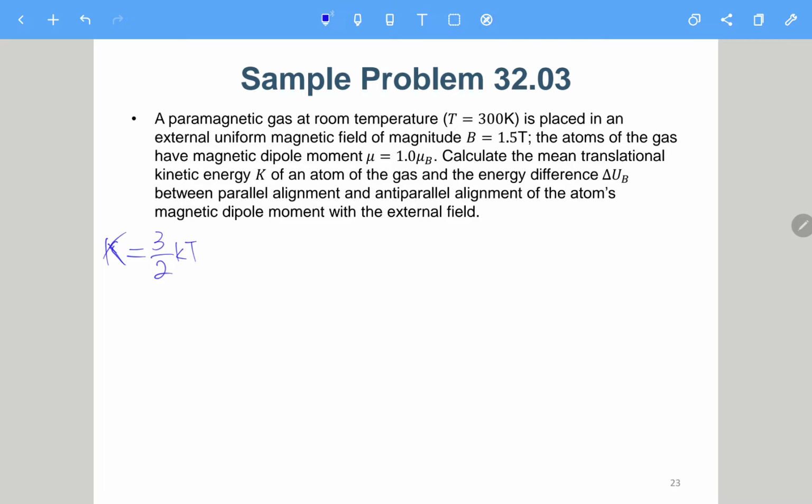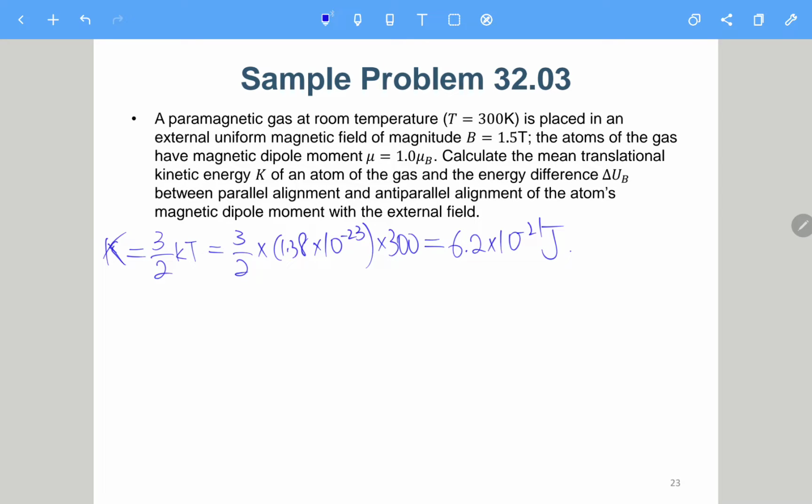Okay, so the Boltzmann constant is 1.38 times 10 to the minus 23, and the room temperature is 300 Kelvin. So this is nothing but 6.2 times 10 to the minus 21 joule.